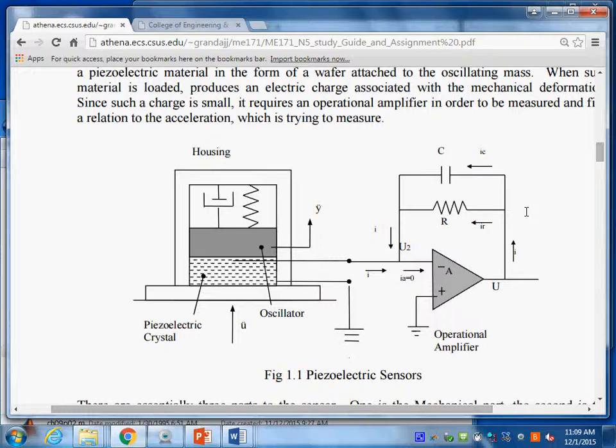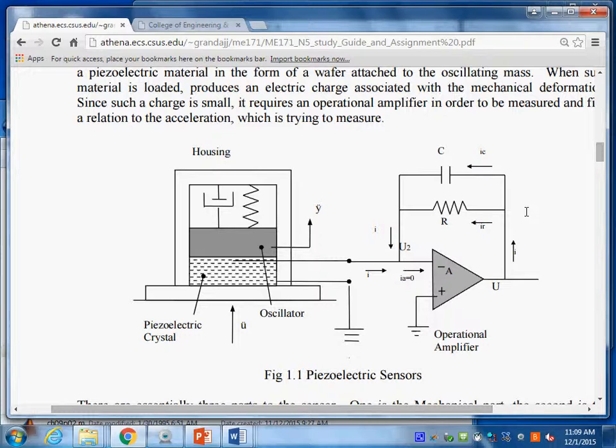But here's where I am going to introduce you, steadily and slowly and precisely, to the concept of the transfer function. Because the transfer function is a relation between the output that you have and one of the inputs.